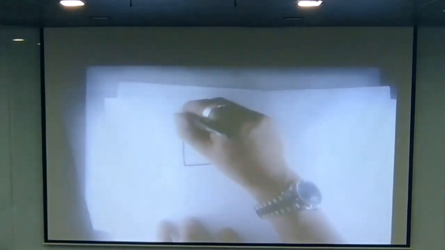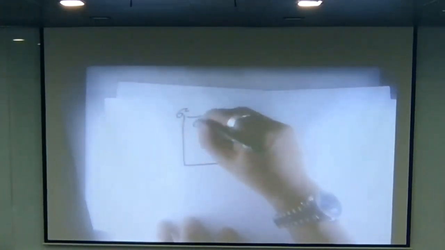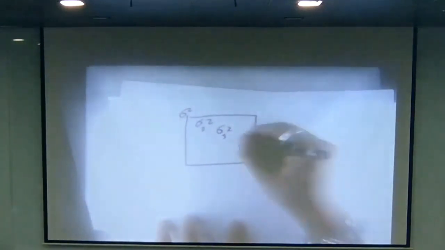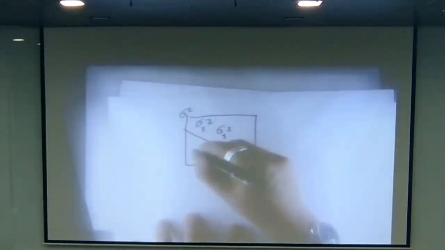that I taught you guys, or I hope you guys learned from linear algebra. If this is a matrix of variance-covariance, remember the variance-covariance matrix? For any pair of numbers, this is sigma 1 squared, sigma 2 squared, sigma 3 squared. And for those of you who did this in statistics, this one would be what?